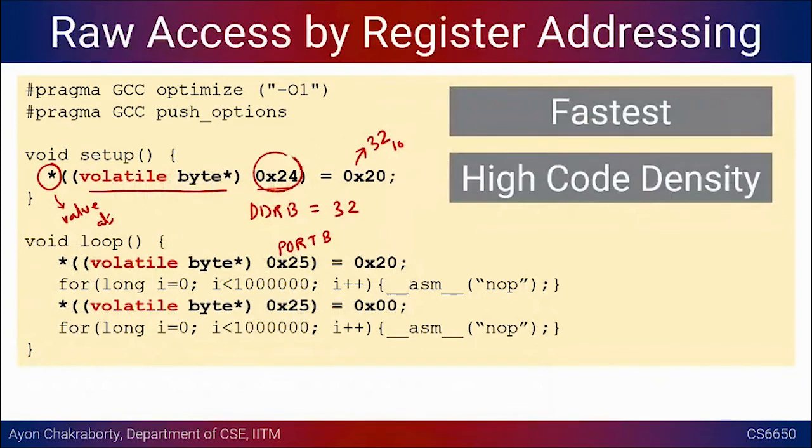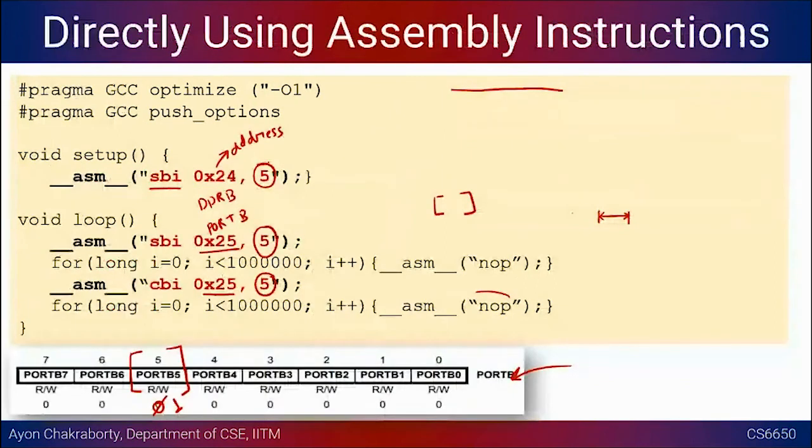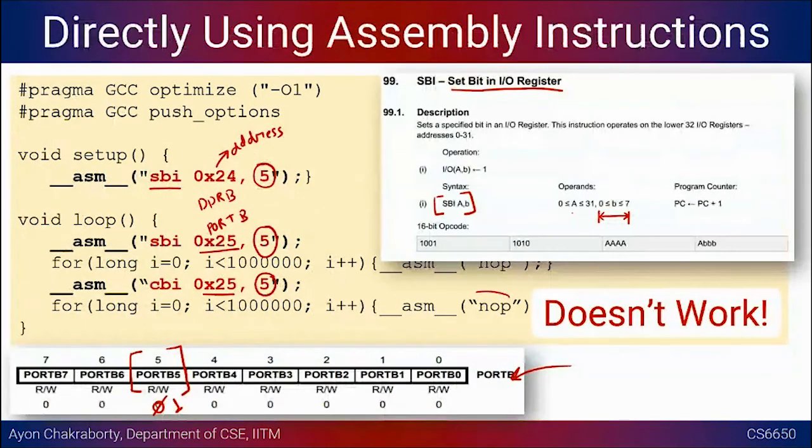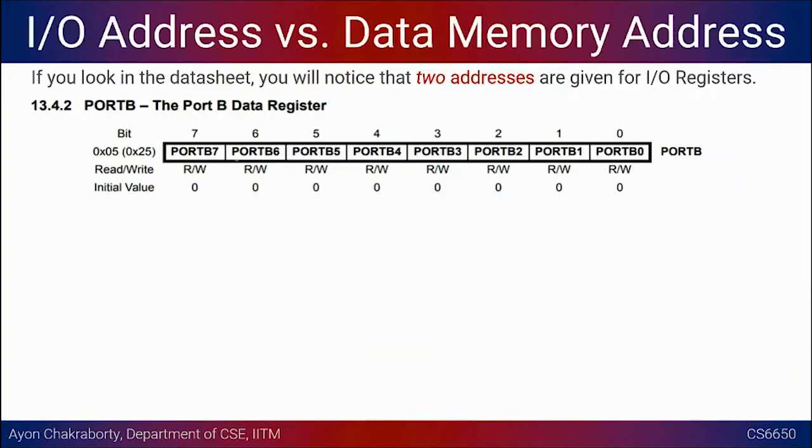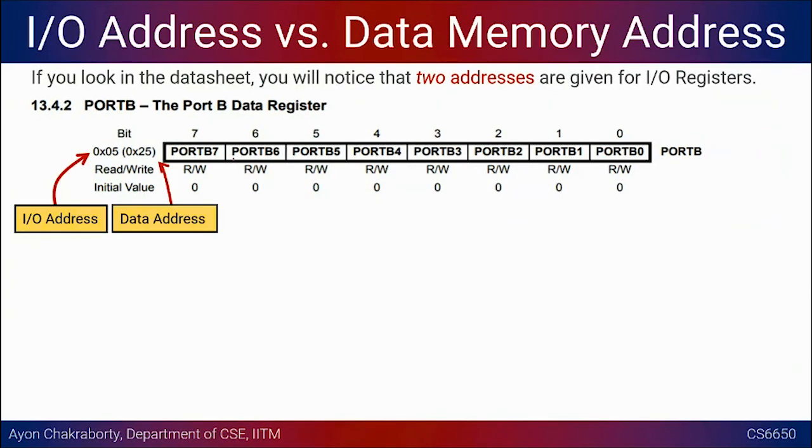When we were using this value of 24 from the data memory space, this was working, whereas when we use these assembly language instructions and pass the same address, it doesn't work, whereas it was supposed to work, right? And now we have these mysterious looking two addresses that were given to these input output registers.